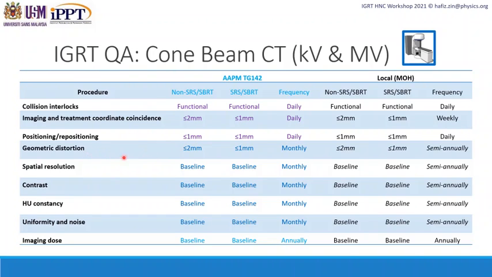Geometric distortion should be within 1 mm for the SRS technique, and looser for the non-SRS technique. The rest, the image quality aspects, are compared to the baseline that is measured during the acceptance testing. The image quality needs to be tested monthly, whereas the imaging dose is recommended to be tested annually.